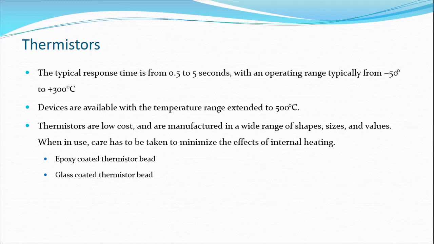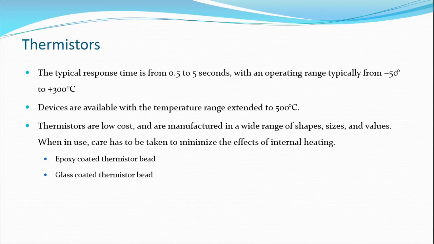So definitely it affects the cost a lot. An alternative approach is that the end user individually calibrates it. Calibration means the thermistor has to be subjected to a precisely known temperature and resistance is then measured. When in use, care has to be taken to minimize the effect of internal heating as well.